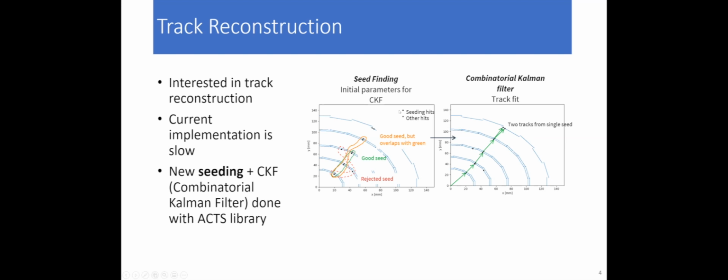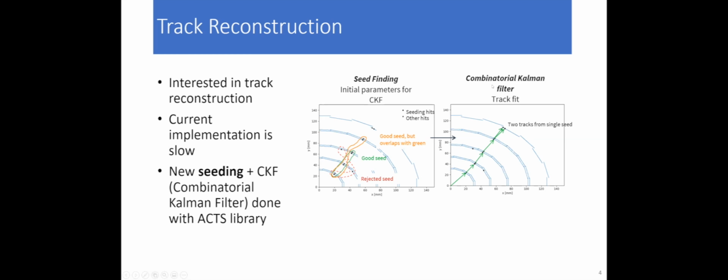I focused on the seed finding part, so that slide will come next. The current thing that we do is kind of slow, but there was an addition, which is the seeding plus the combinatorial Kalman filter, which is done with the ACTS library, a common tracking software library.